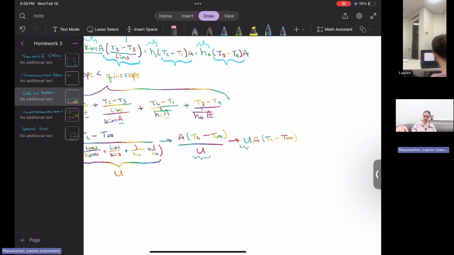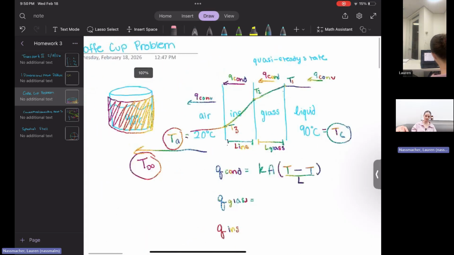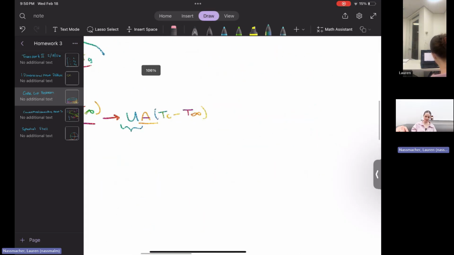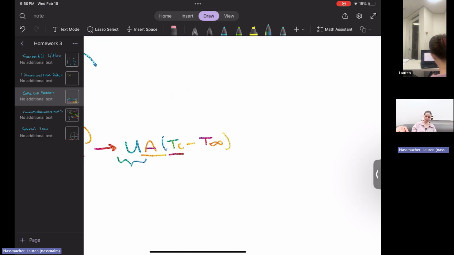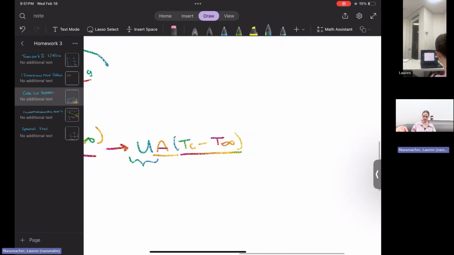Our overall heat transfer coefficient multiplied by the area of what we're working with, in this regard a coffee cup, multiplied by the temperature change from the first material all the way until the last, which is the air. And this single expression tells us how the geometry, material properties, and surface conditions all affect our heat transfer process.